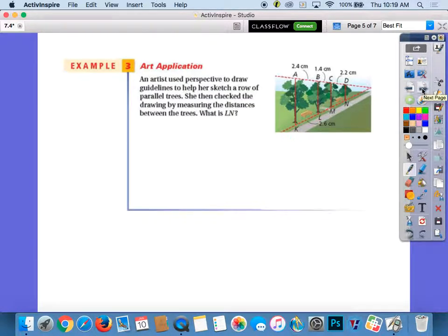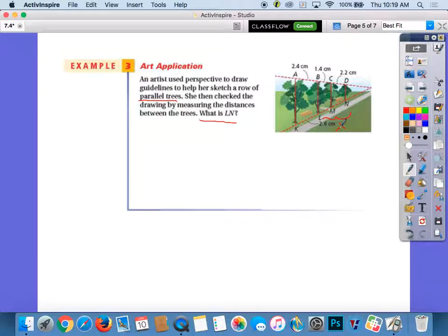Okay? So let's take a second and look at this problem. An artist used perspective to draw guidelines to help her sketch a row of parallel trees. Okay, it's telling you that the trees are parallel, so these guys are all parallel to each other. And we want to figure out what LN is. Okay, so we're looking for that piece of information right there. Why don't we call that guy X?